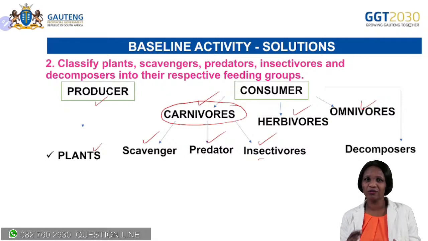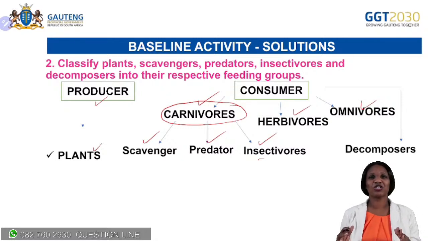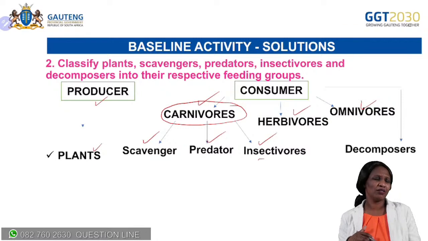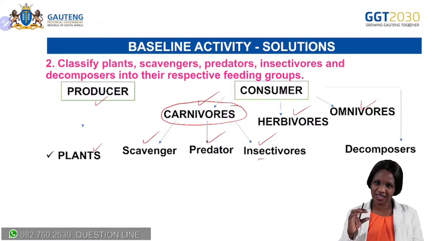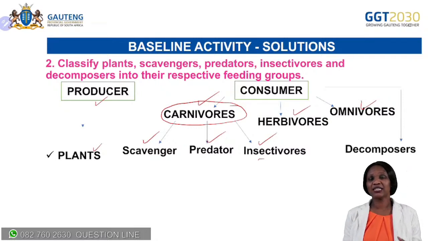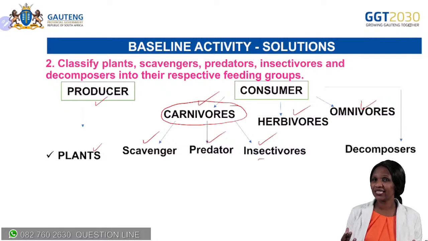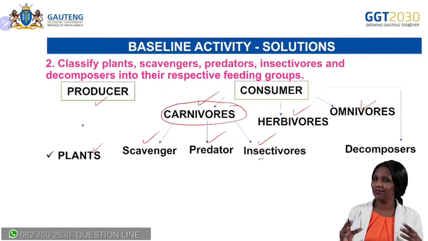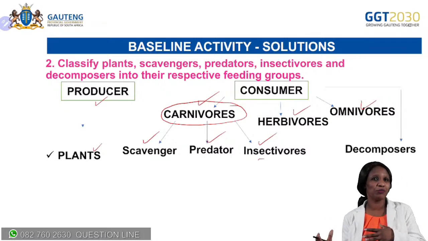They break down dead matter. They recycle the nutrients back into the soil. Remember, the earth doesn't have enough nutrients. Nutrients are scarce. Therefore, we need decomposers to break them down. Decomposers even break down human waste. We use them in the sewer system, all right? So that they break down the solid waste and then we can use it as manure.